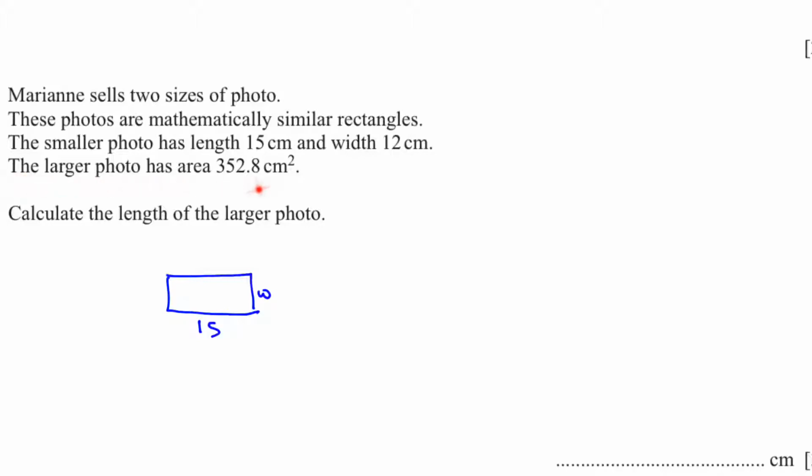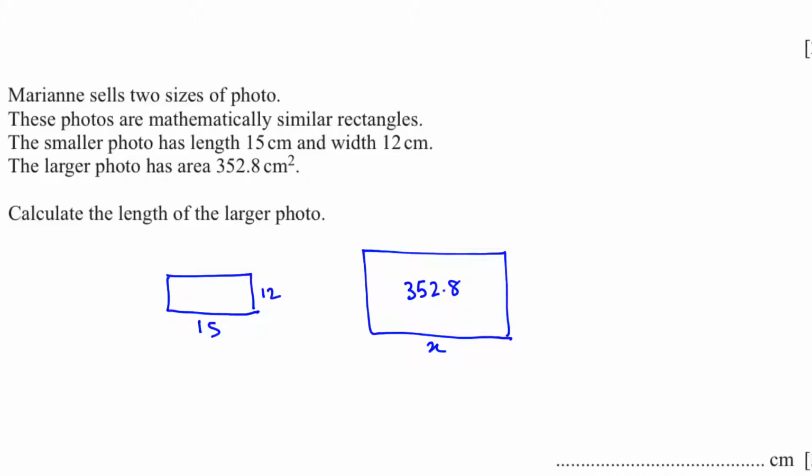The larger photo has an area 352.8 square centimeter. The area is given to us, 352.8 square centimeter. Calculate the length of the larger photo. We need to find the length. This here is 12.